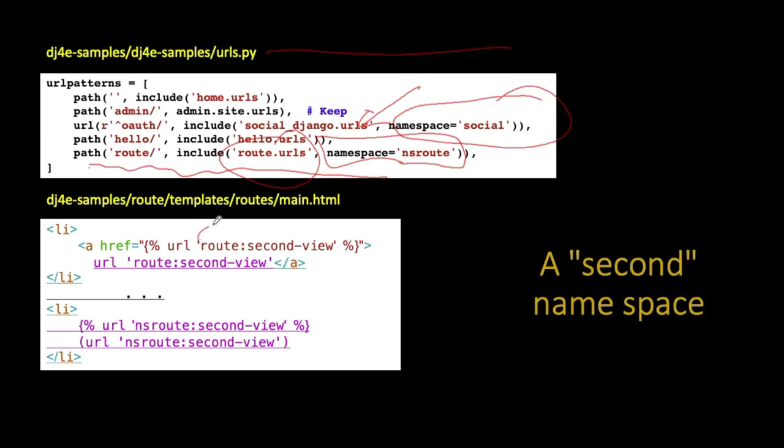We can go to the second view of route, or we can go to the second view of ns-route. So route is one way in, but ns-route is our own way in, in case we somewhere have an application named route or something like that. And so this allows for a second way to access these URLs using a namespace. And it's not in the urls.py in each application. It is in the urls.py for the Django project.